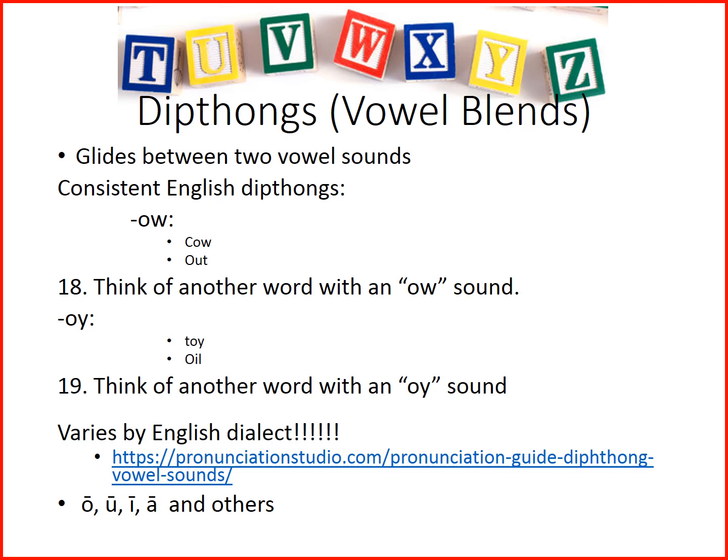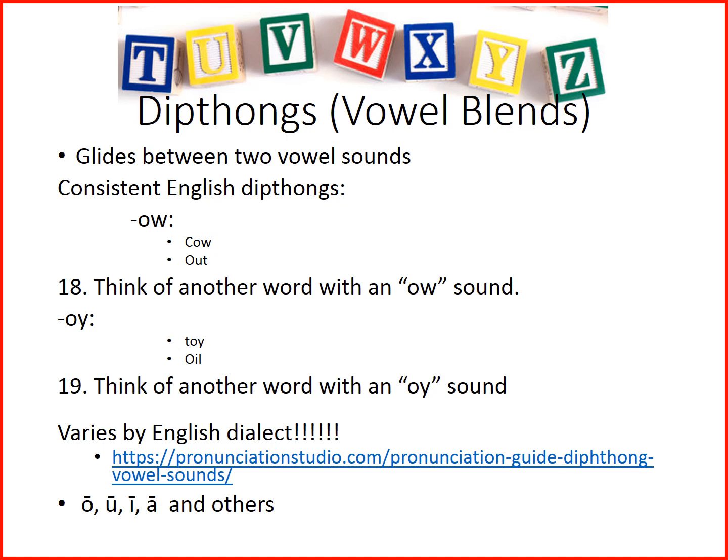So let's think about those diphthongs, those vowel blends. In your workbook, they talk about them as vowel blends and also use the term diphthongs. So the vowel sound glides between two vowel sounds. The most consistent English diphthongs, at least in American English, are the ow sound and oi.